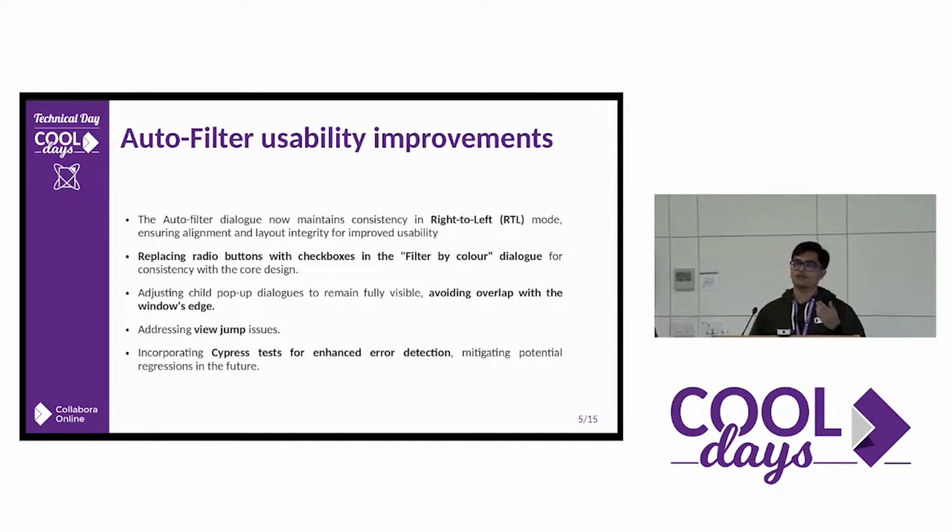If you open auto filters on the bottom or on the side of Calc, sometimes the child pop-up would hide behind the sidebar or the bottom of the section. We improved that, and now you can see the sections on the screen wherever you are. We also added a Cypress test to make sure the regression doesn't happen in future.